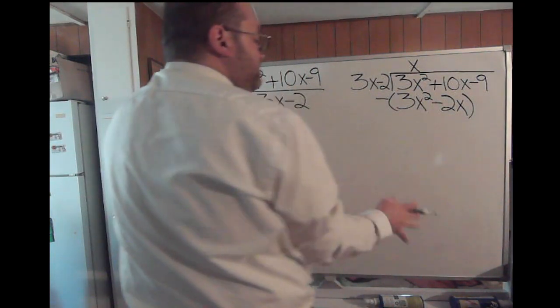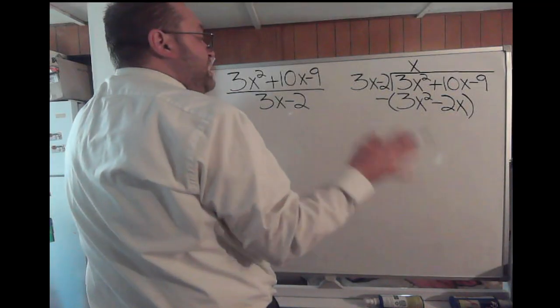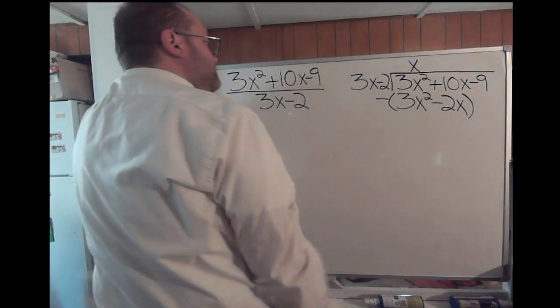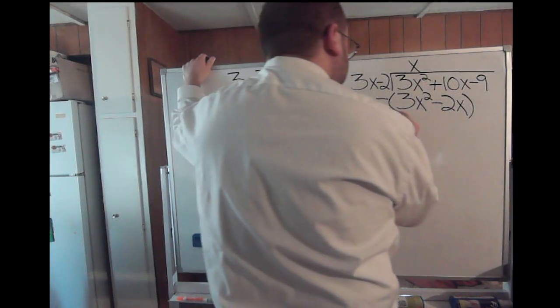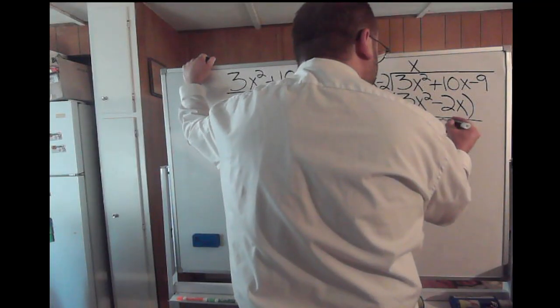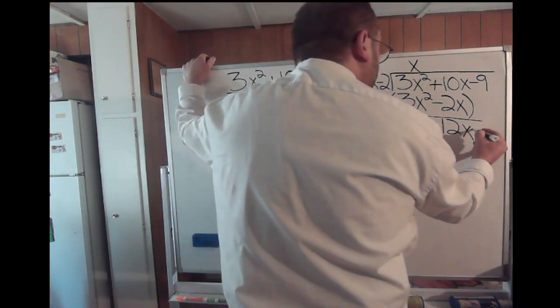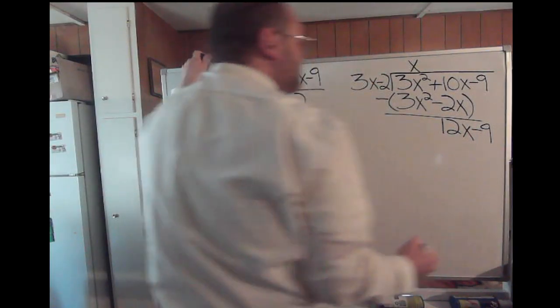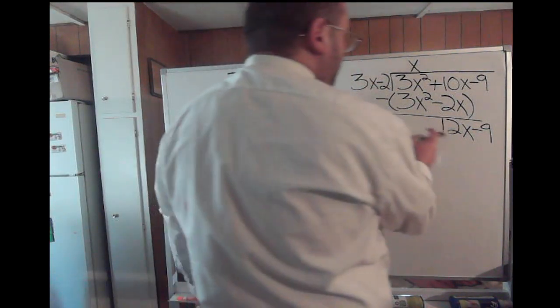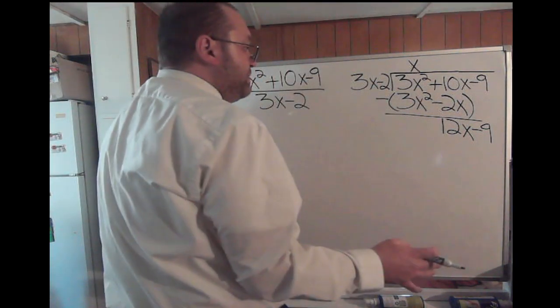Negative 2x is actually plus 2x. So 10x plus 2x, that's going to end up being 12x. You'd end up having 12x, and then you have your negative 9 from the dividend. So you now have to focus on 12x minus 9.